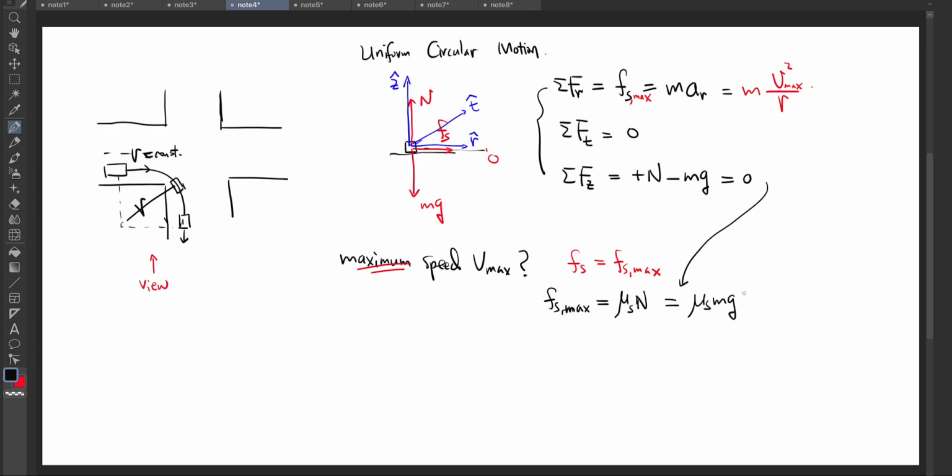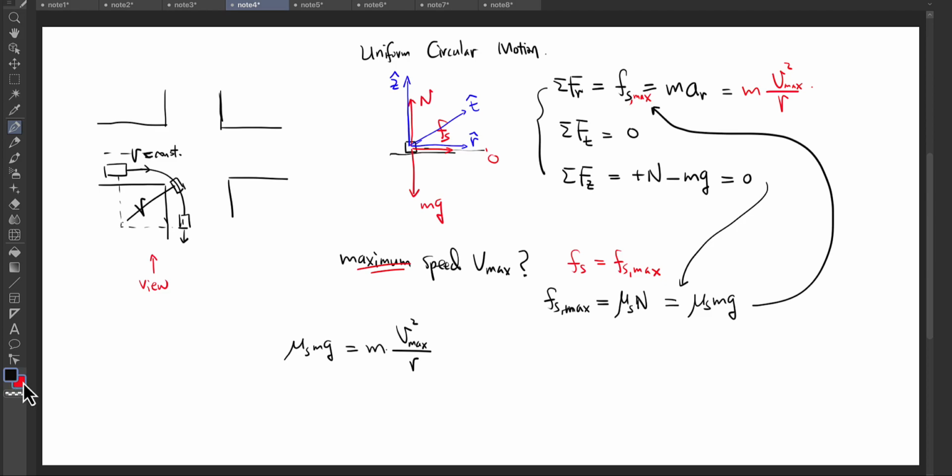So after this, we want to plug this expression into the first equation. Okay, so let's see. We have mu s mg equals m v max squared over r.